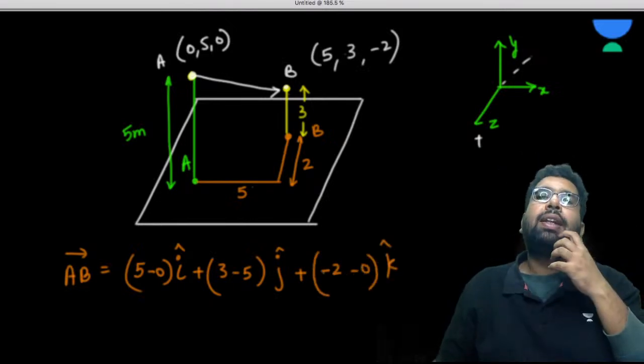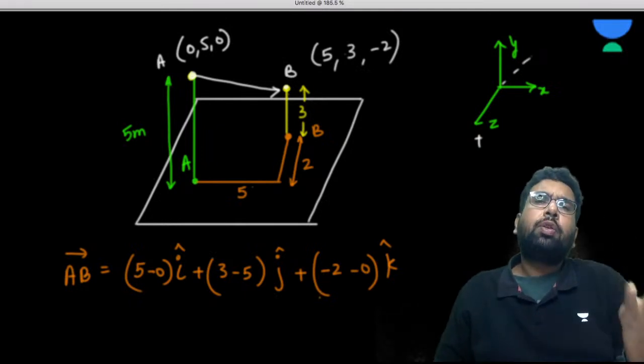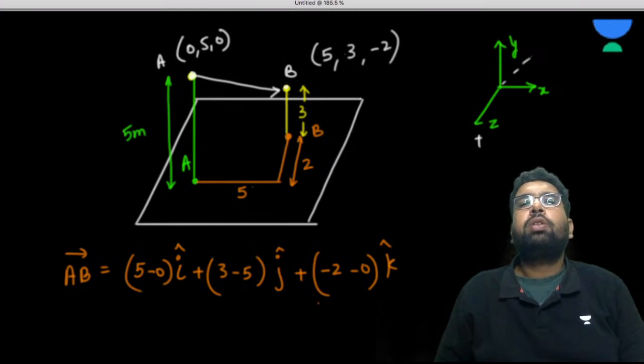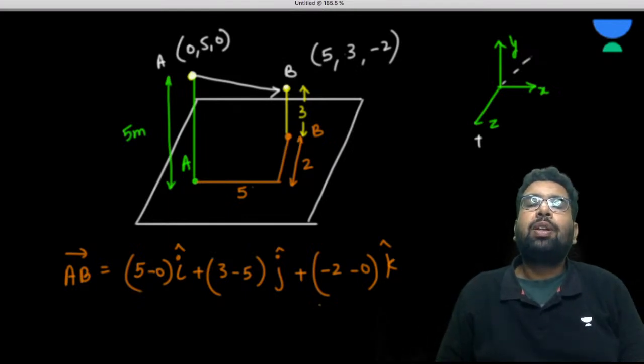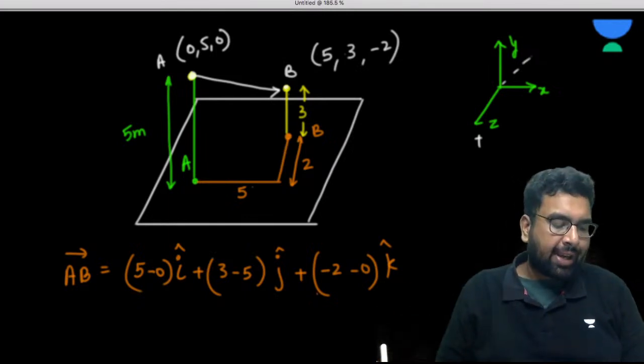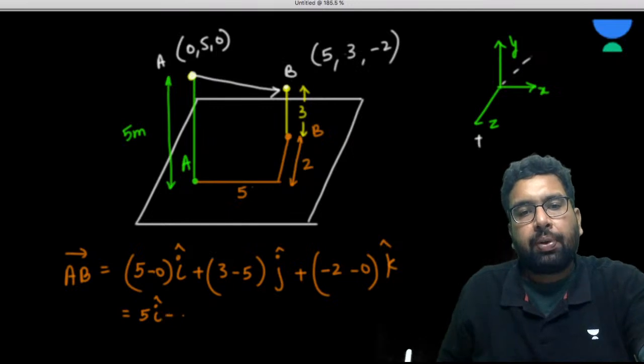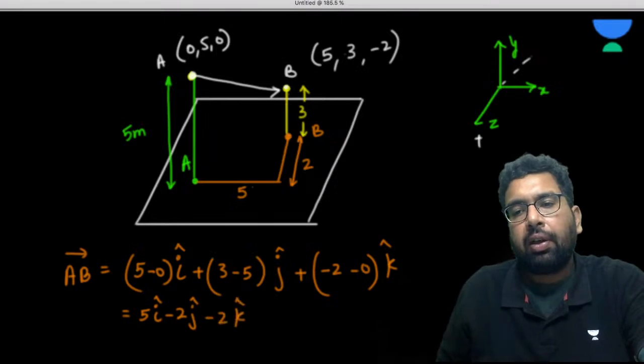This is how we find the displacement vector. You can first find the position vector of point A and of point B, then take the difference, or do it like this. So it will become 5 i cap minus 2 j cap. Ujma, if you remember, in the last session we have done a question like this. I hope you remember that, right?